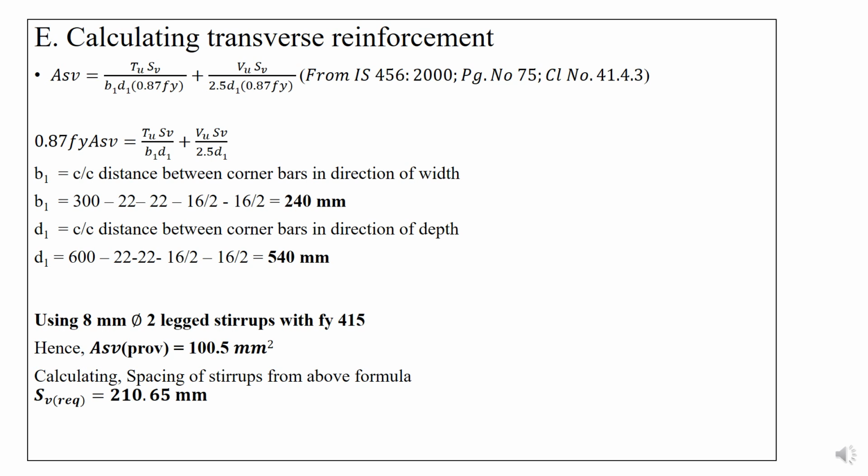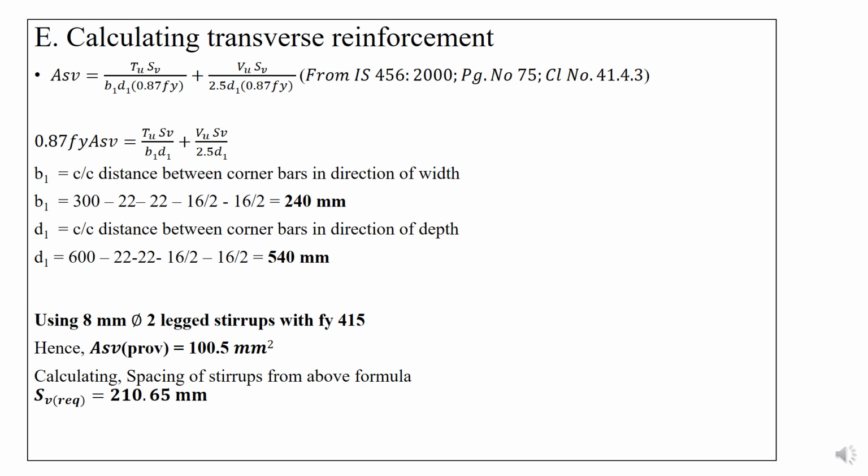Herein an 8 mm two-legged stirrup of grade 415 is used, which gave ASV of 100.5 mm square, from which if you substitute this ASV in the formula given above, you will get SV required as 210.65 mm.